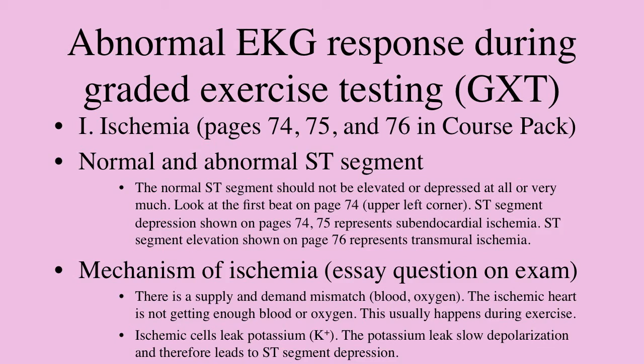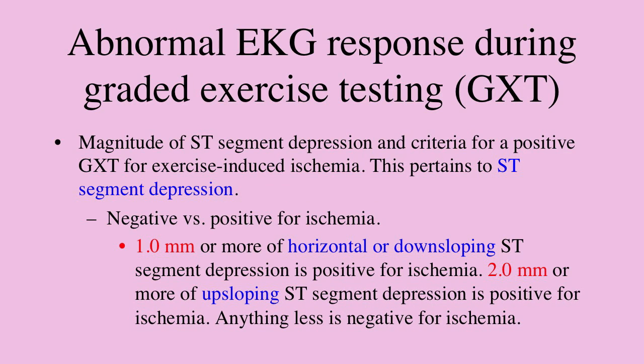The next area is looking at measurement of the magnitude of the ST segment depression, which I've been referring to throughout. We have a couple of slides where we'll actually measure the ST segment depression, and then look at the criteria for a positive exercise test for exercise-induced ischemia.